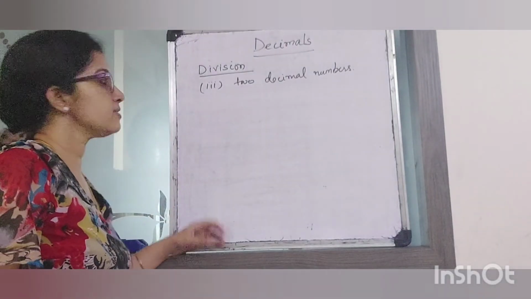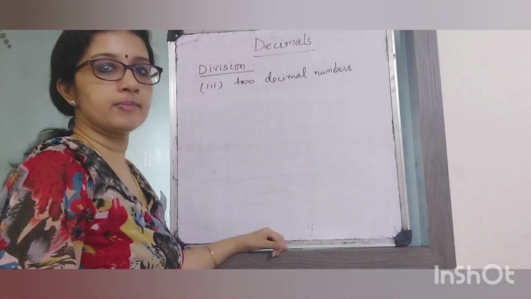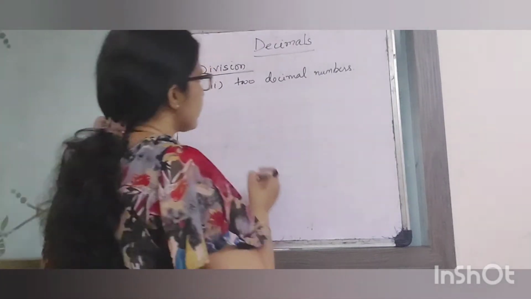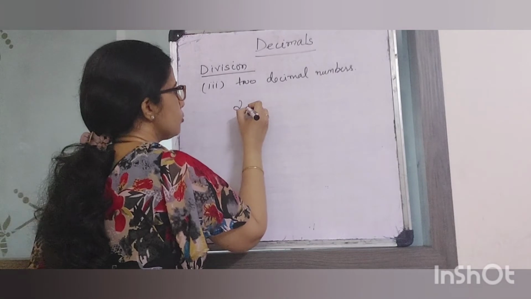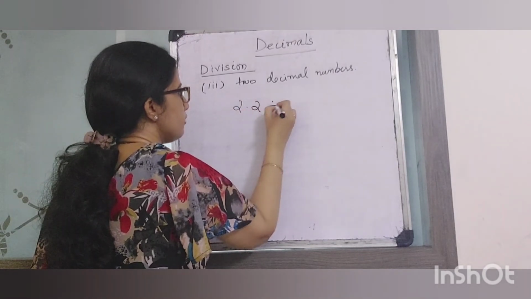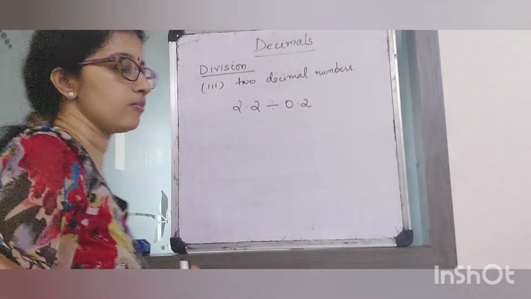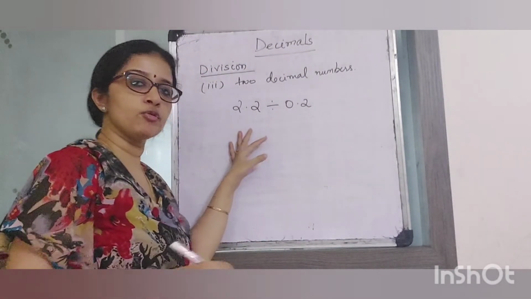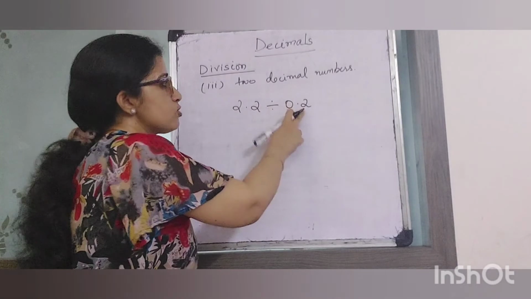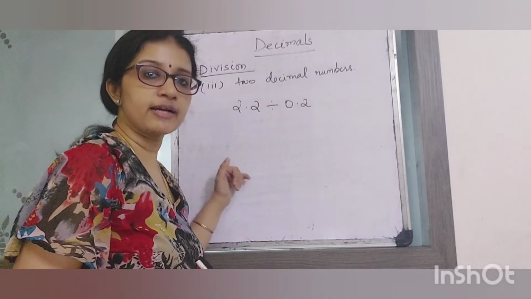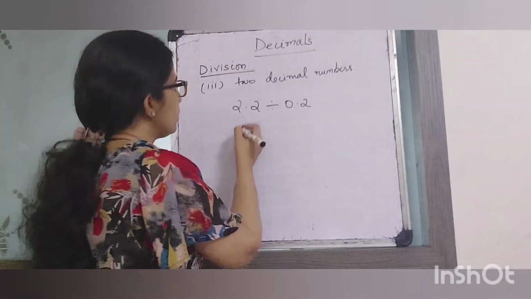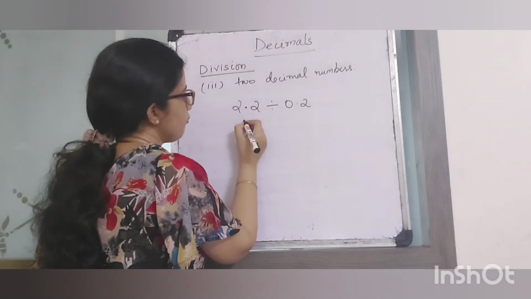Now the next part is division of two decimal numbers. Take for example 2.2 divided by 0.2. These are two decimal numbers. Now first step, we have to convert these two numbers into fractions. How will we do it? Just ignore the decimal point first.